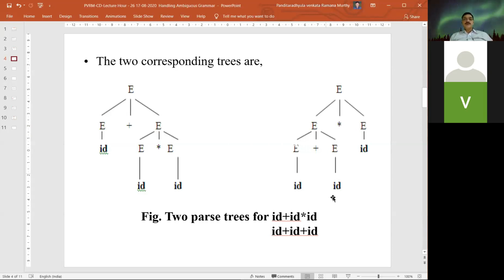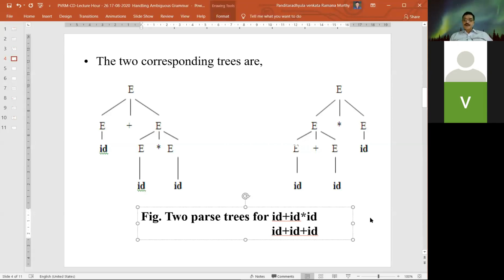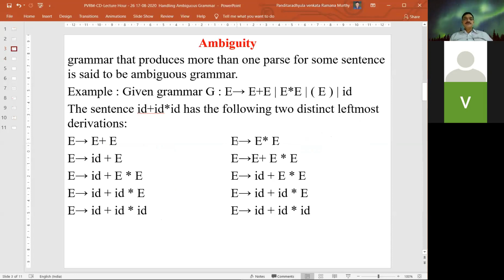How we can avoid it is, we need to convert the given grammar in such a fashion that it should not go for the second alternative. We should not allow the given input string to be derived using the second set of derivations.